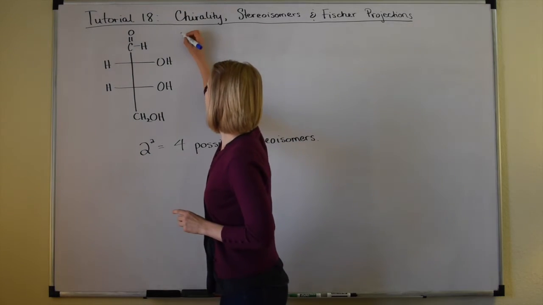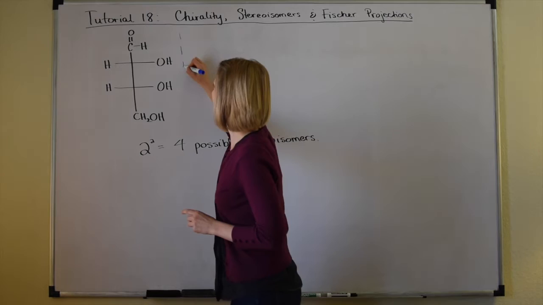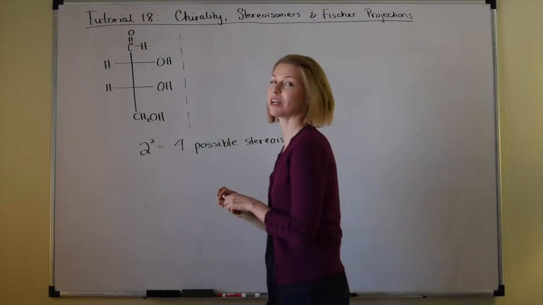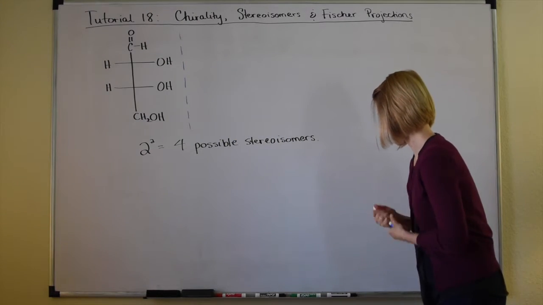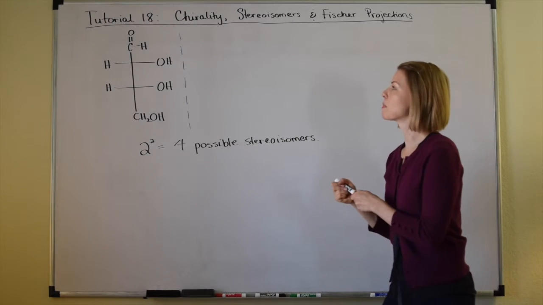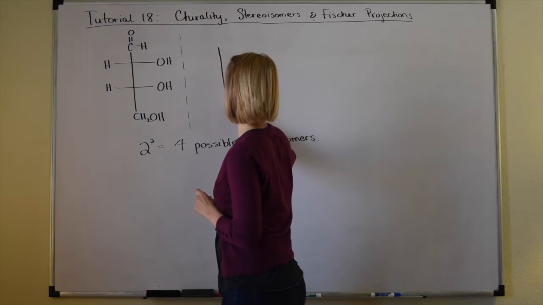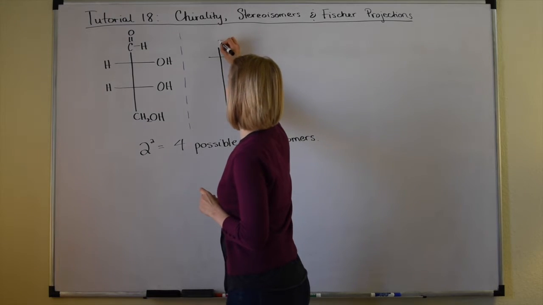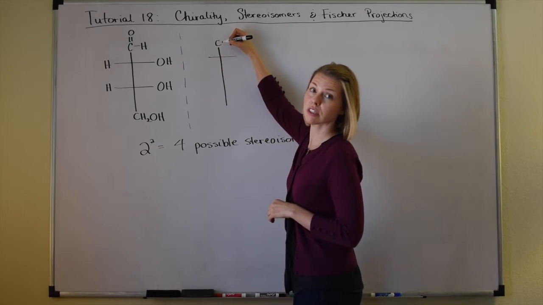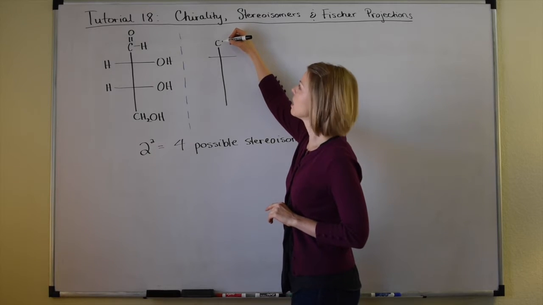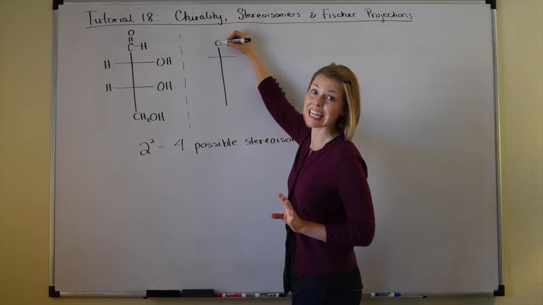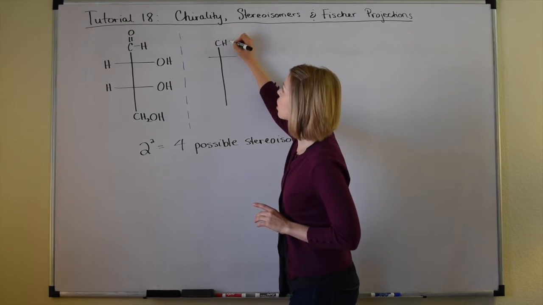So let's go ahead and draw our imaginary mirror here and draw the mirror image form over here. Okay, so in the notes, I have this molecule drawn, and I put the aldehyde in a condensed form. I wrote CHO.